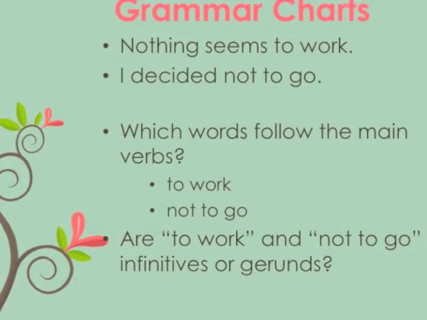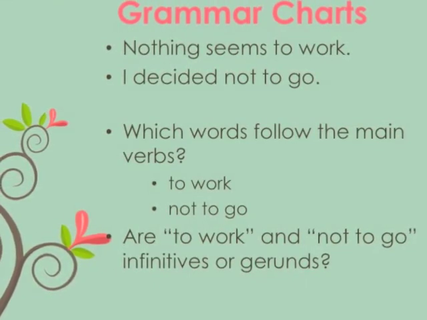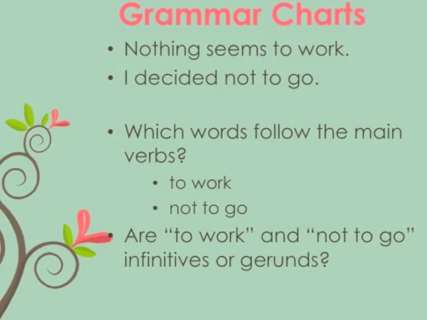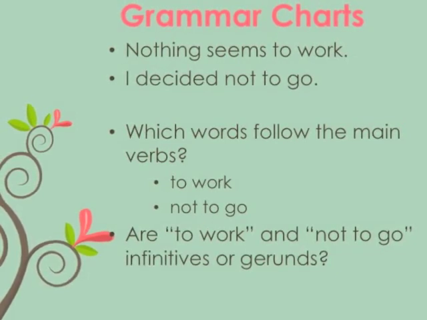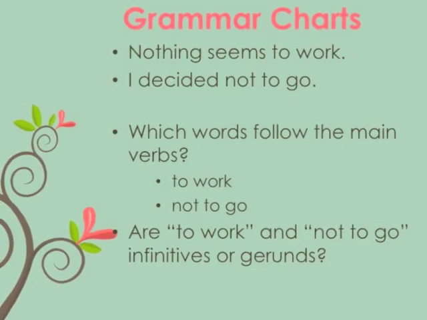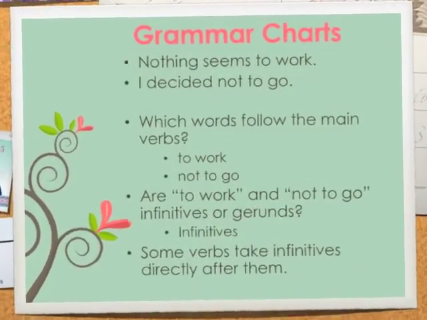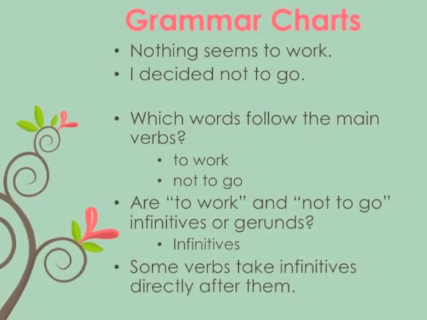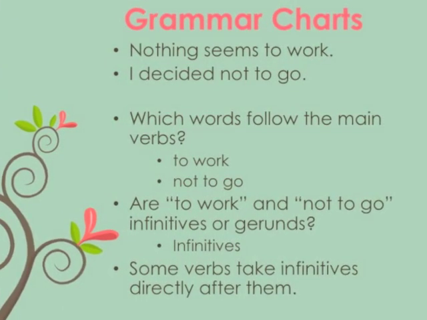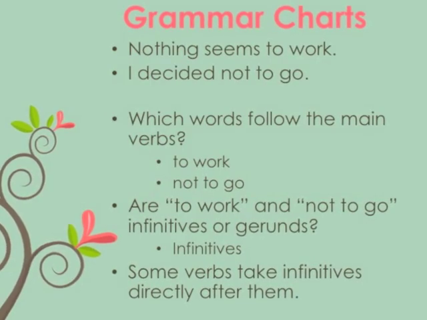We have to work that follows seems and not to go that follows decided. Are these words infinitives or gerunds? Go ahead and look at them carefully and decide. They're infinitives, right? So these verbs take infinitives directly after them.